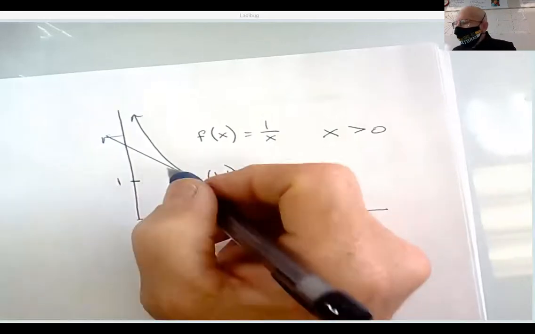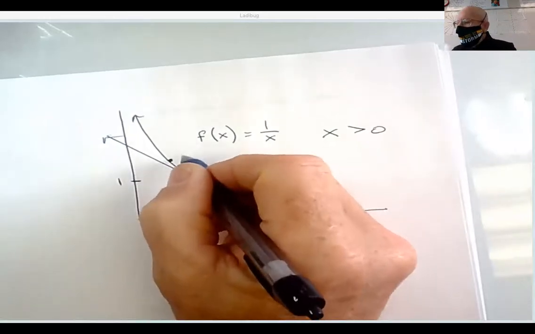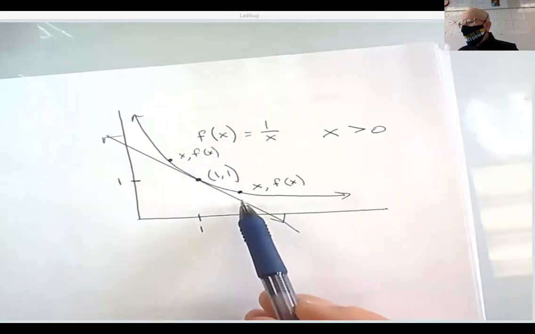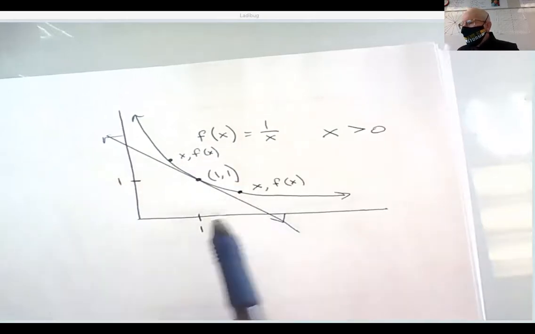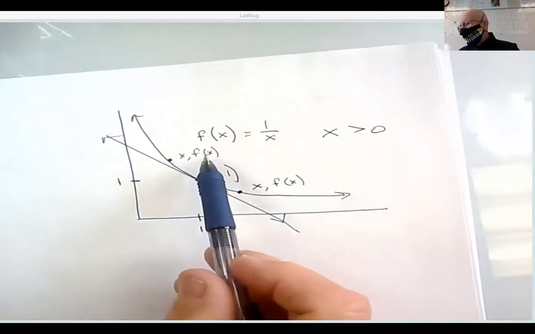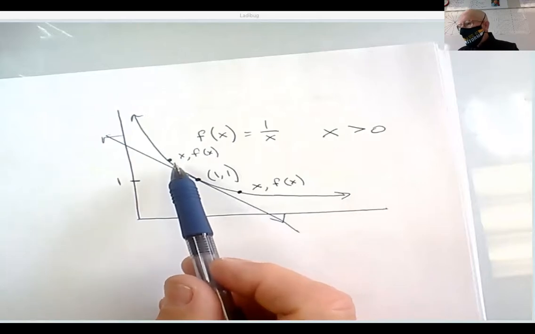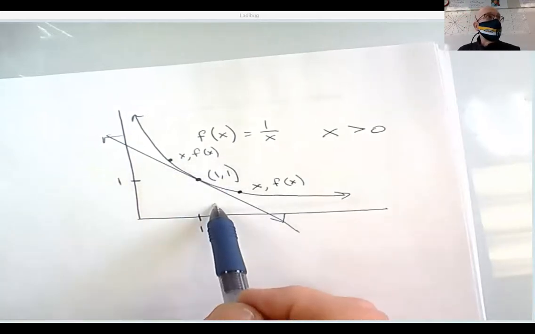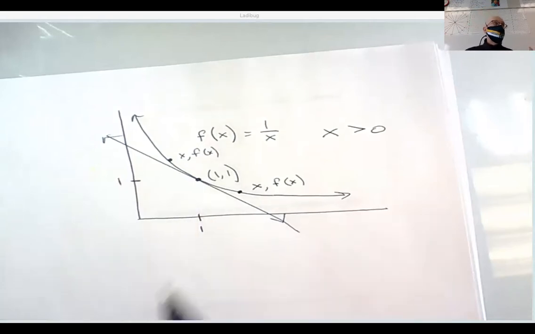If I wanted to, I could have put it here. Like this is probably 3 1/3. This is probably 1/2. Well, it's probably 2/3, 3/2, right? Because this is the reciprocal. Okay, you're okay with that, right? But I don't care what it is.